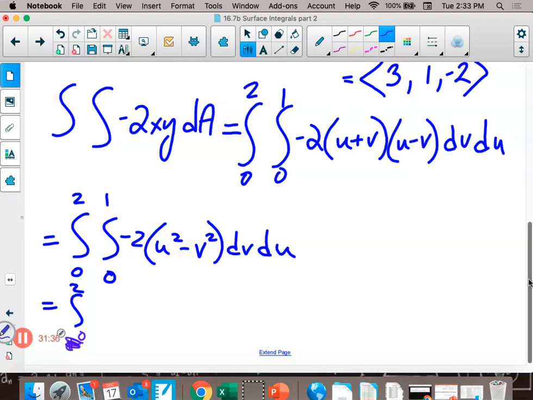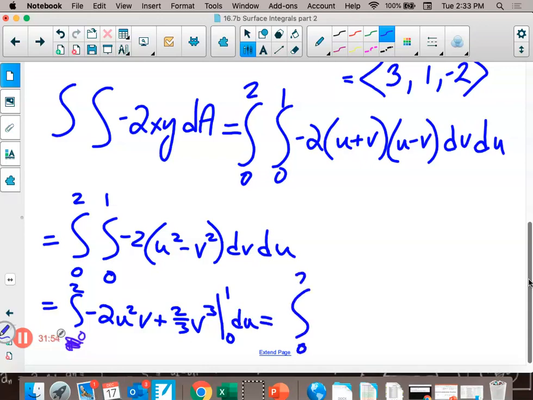All right. So integrate with respect to v, so get negative 2u squared v plus 2/3 v cubed from 0 to 1. Integral 0 to 2 of, plugging in a 1 for v, so negative 2u squared plus 2/3, minus 0, du.